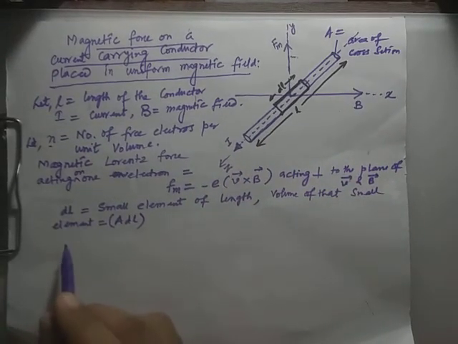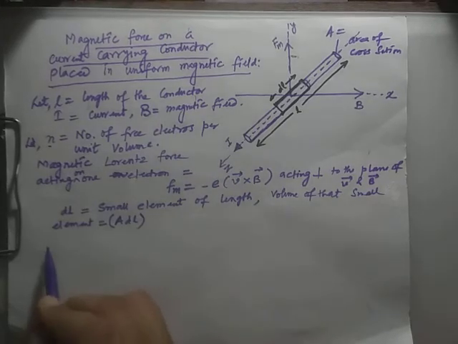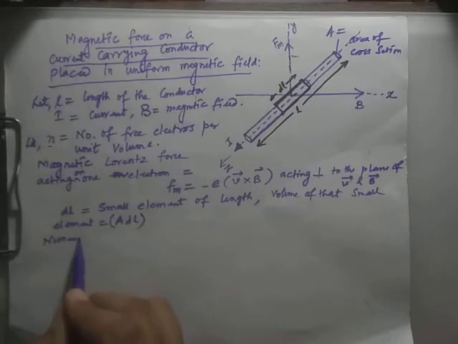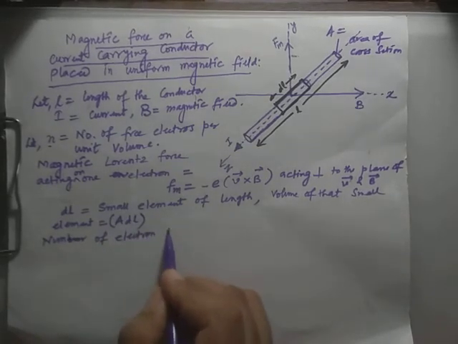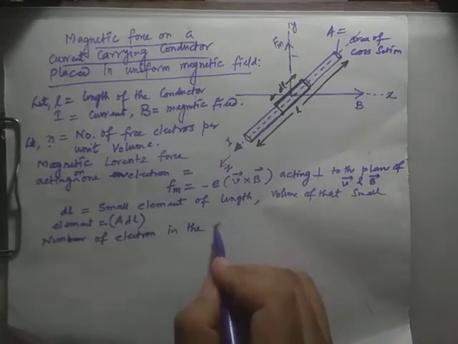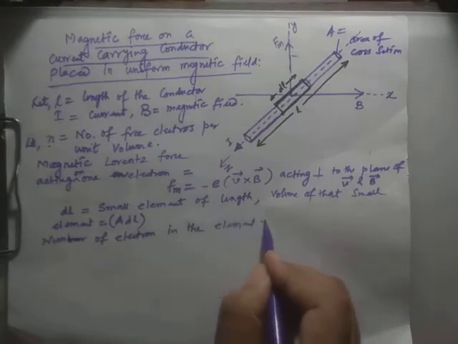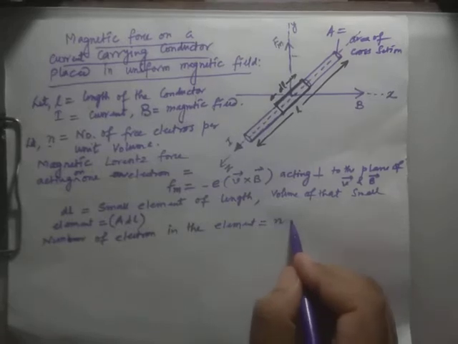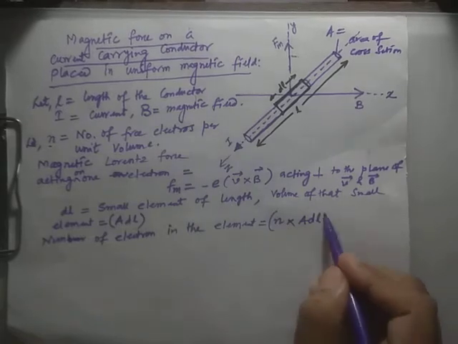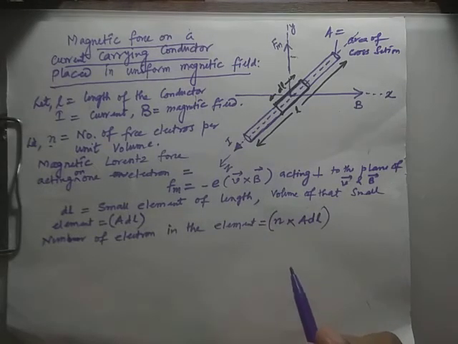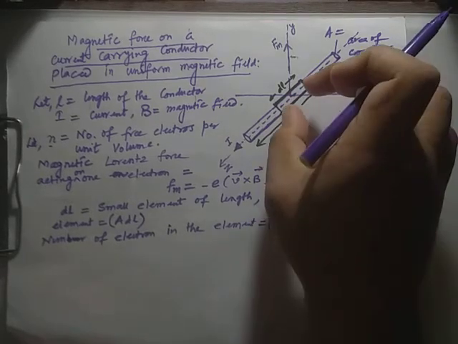So the number of electrons in the element will be n into this volume, A into dl. So this is the number. Now, the magnetic force experienced by this element.